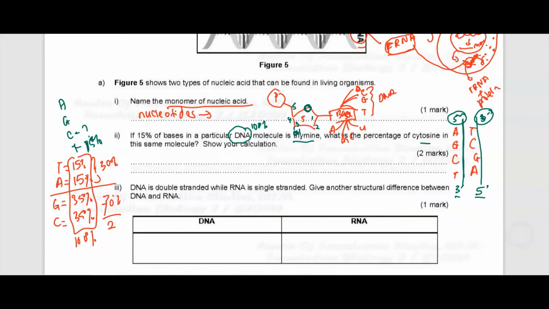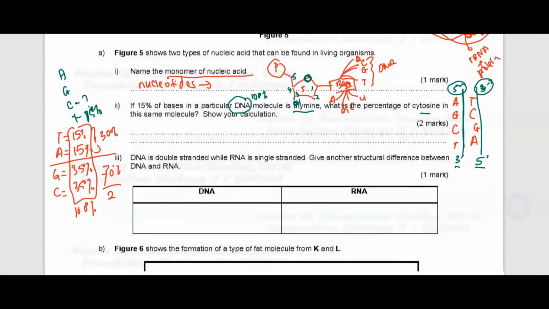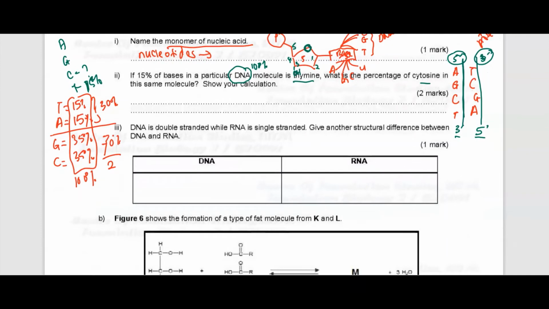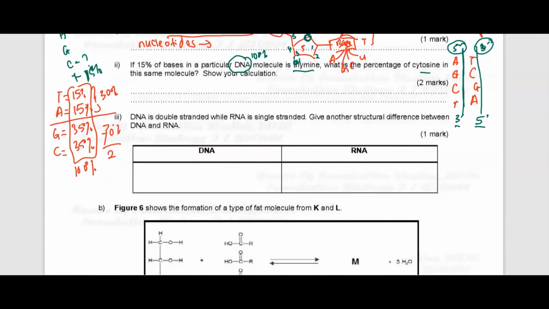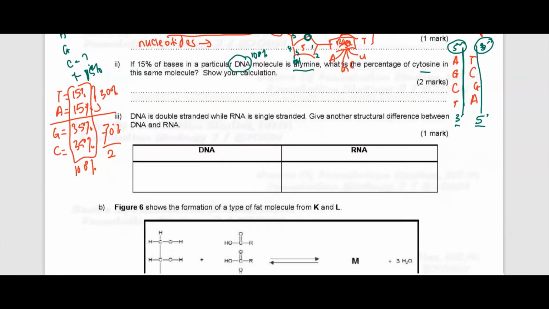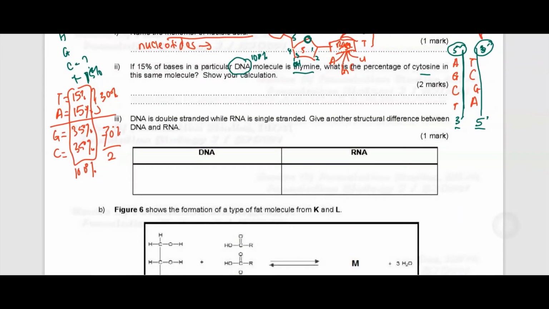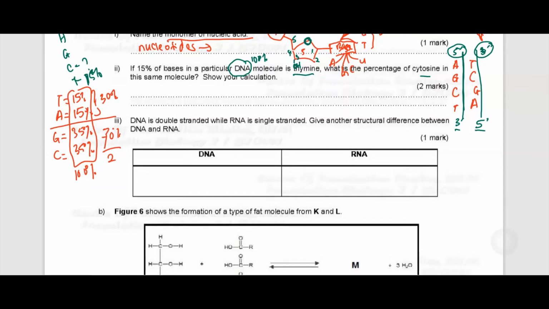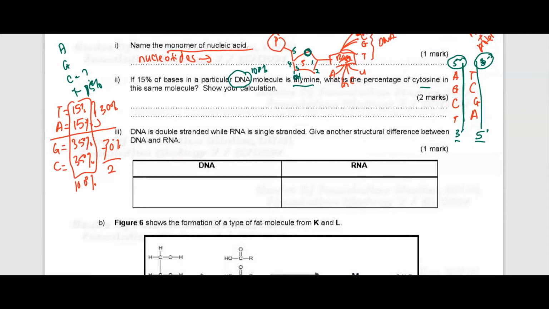Okay, question 3. DNA is double-stranded while RNA is single-stranded. Give another structural difference between RNA and DNA. So you have to look at this question really carefully. In this question, it asks you to give the difference between DNA and RNA in terms of structural difference.